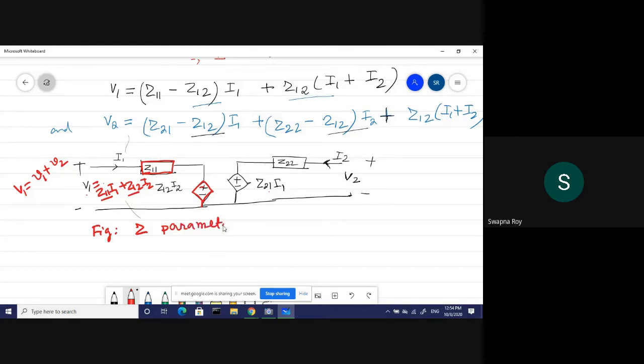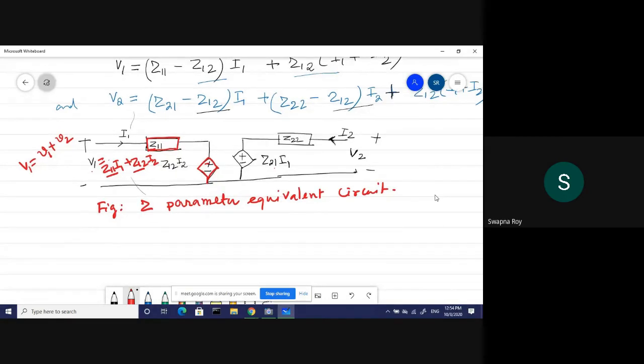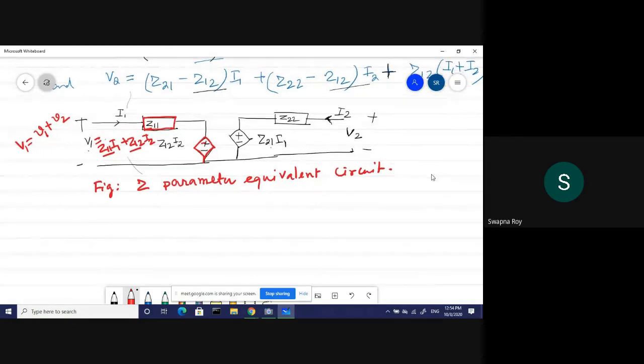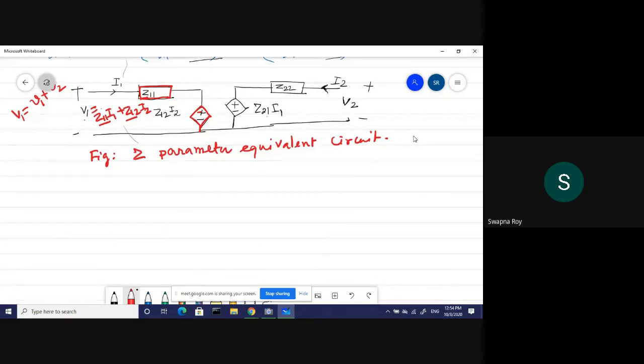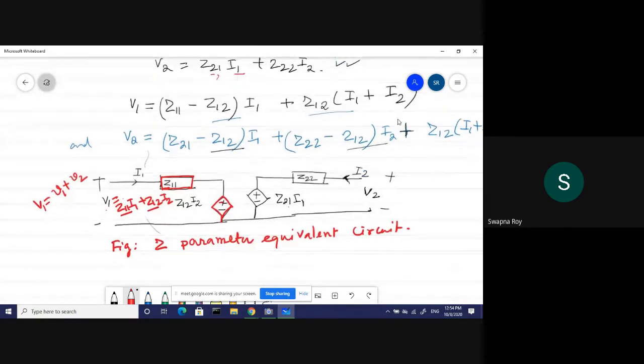Z parameter equivalent circuit. Here we can see two current controlled voltage sources. Another equivalent circuit is there. By using these two equations, we'll draw another equivalent circuit.